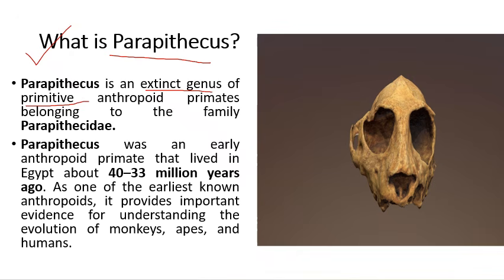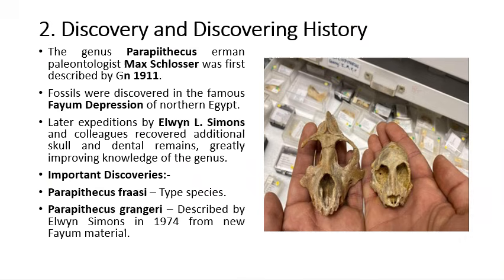So it belonged to a group of early anthropoids that occupied Africa long before the appearance of modern humans, monkeys, and apes. Parapithecus is important because it represents one of the earliest known stages in anthropoid evolution.